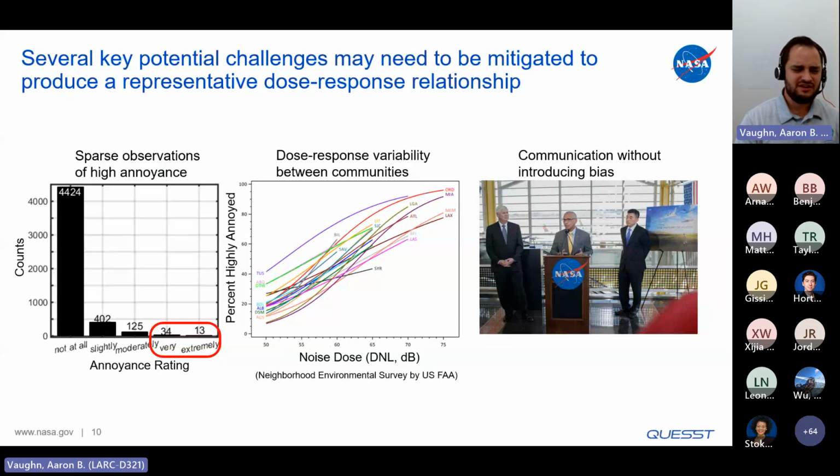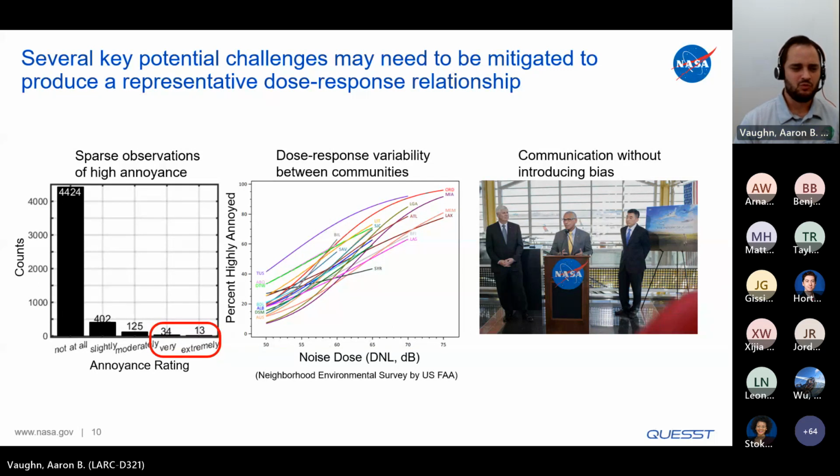So we've identified some potential challenges as we're preparing for data collection with the X59. We have conducted previous risk reduction flight tests with an F-18 performing a low boom dive maneuver near Edwards Air Force Base, as well as near Galveston, Texas, where we had a recruited group of participants respond.